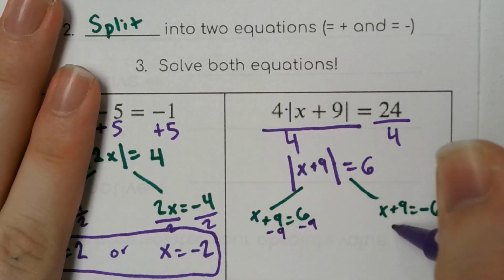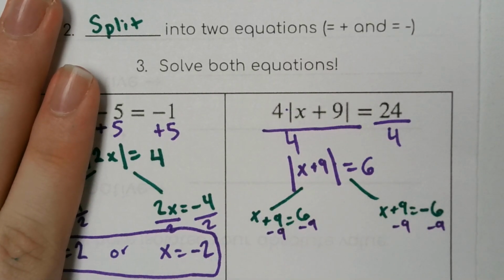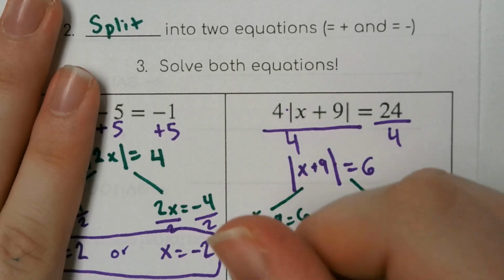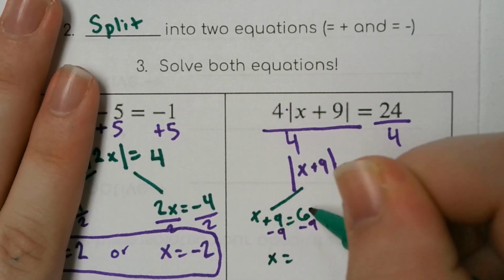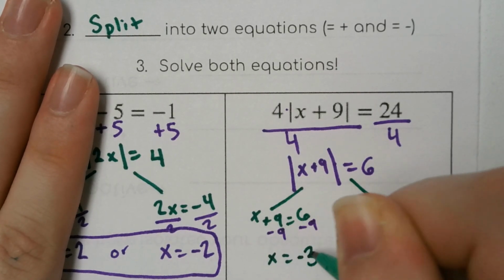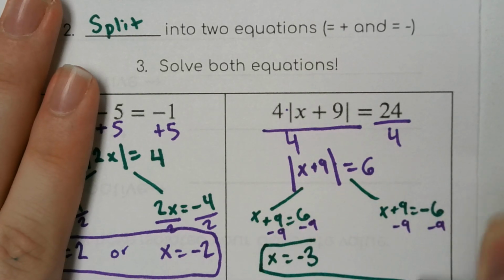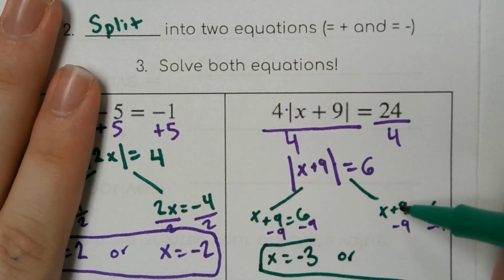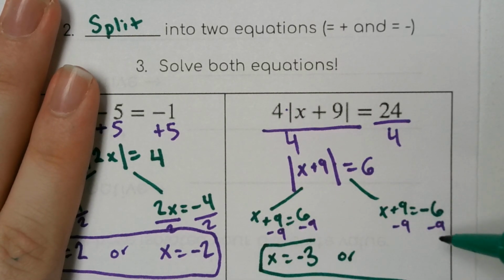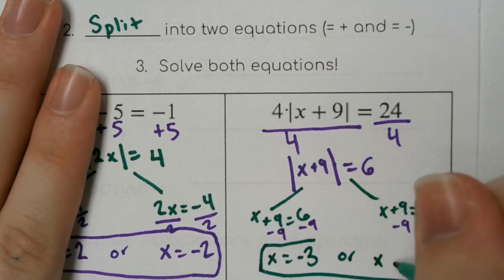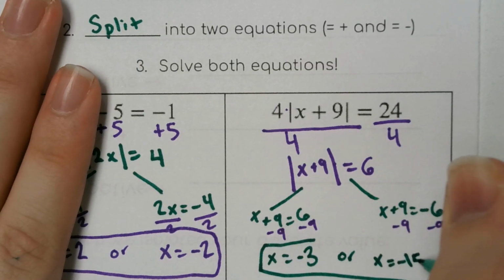Subtract it. So we would have x equals 6 minus 9 is negative 3. Or we have to subtract 9 again. What's negative 6 minus 9? Negative 15.